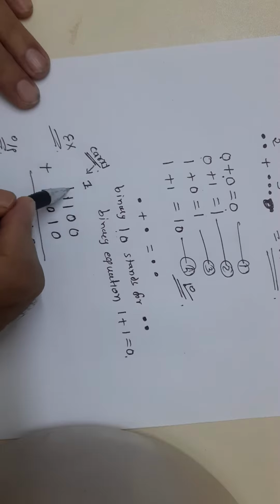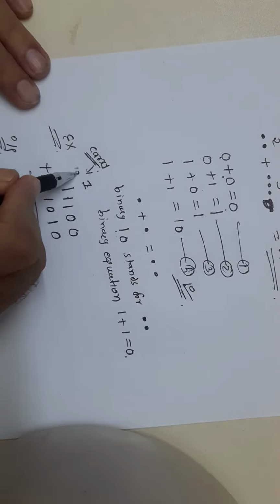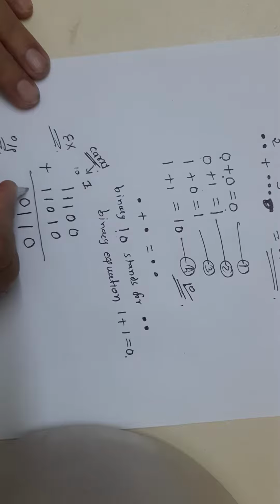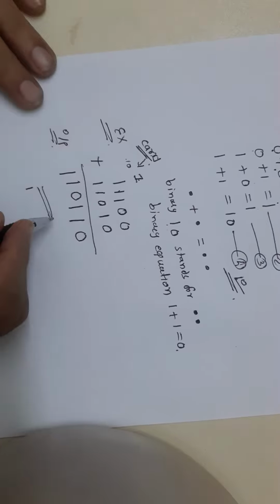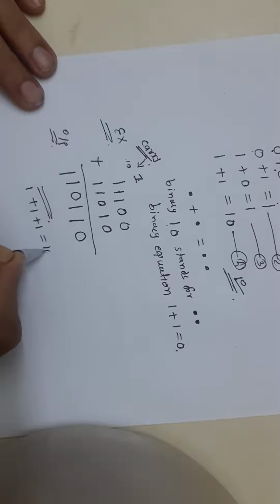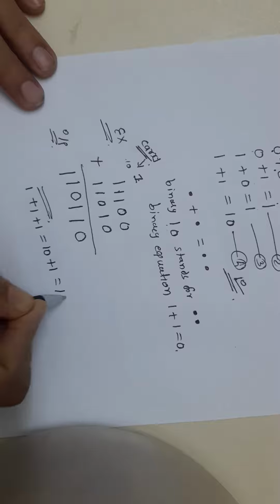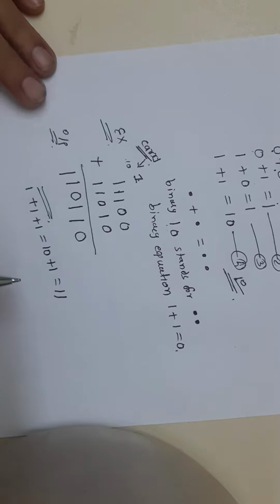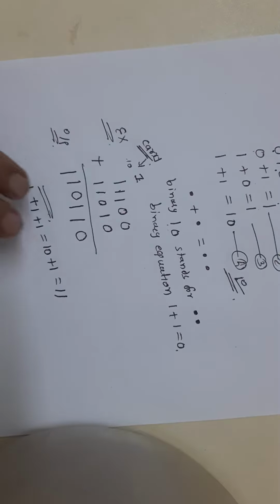Now 1 plus 1 is 10, with 0 plus 1 giving 1. This is your output. In the last column, 1 plus 1 plus 1 is equal to 10 plus 1, which is 11. In this way we can see binary addition.